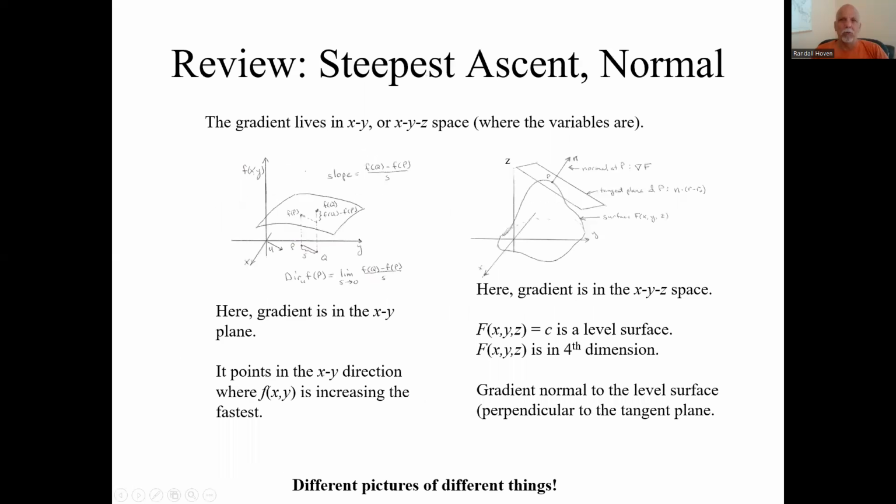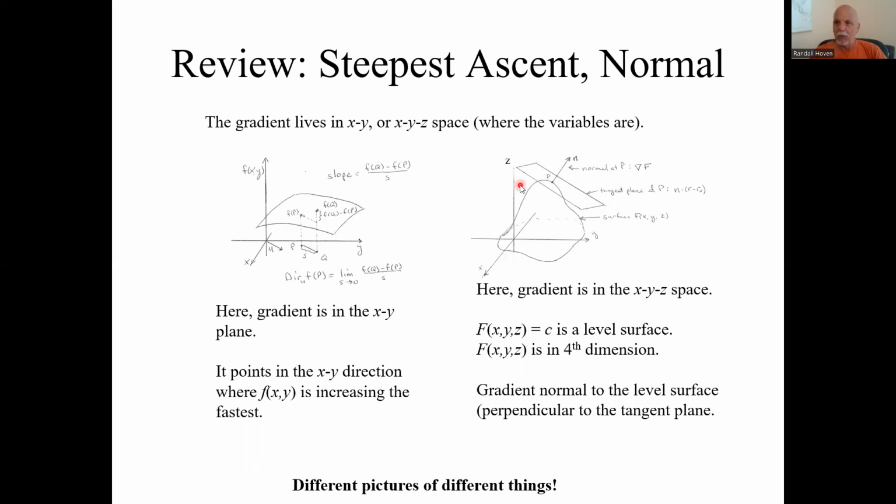The first time you go through this takes a little bit of thinking. These are two different pictures of two different things. In this case, this third dimension is the function itself. And the gradient was the direction in which that surface goes up the fastest at a given point. Here, the third dimension is the third variable, third coordinate, x, y, and z.